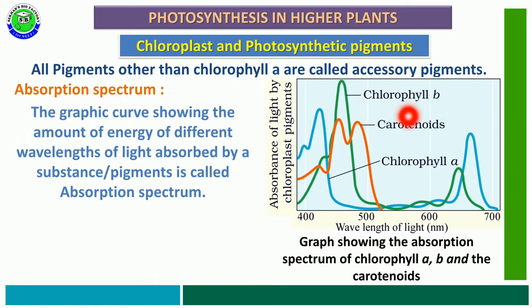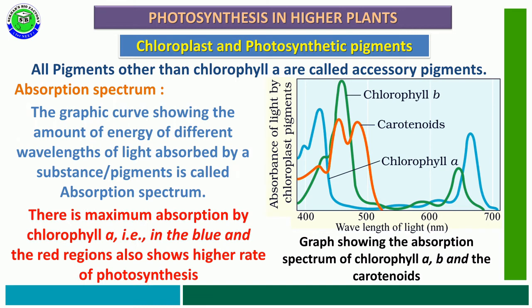So it is a graph showing the absorption spectrum of chlorophyll A, chlorophyll B, and carotenoids. In this graph, chlorophyll A is shown in blue color. This chlorophyll A has the nature to absorb maximum sunlight, and chlorophyll B is represented with green color, and this chlorophyll B pigment absorbs very little light energy compared to chlorophyll A. And carotenoid pigments are denoted with orange color, and this pigment can absorb very little light energy.